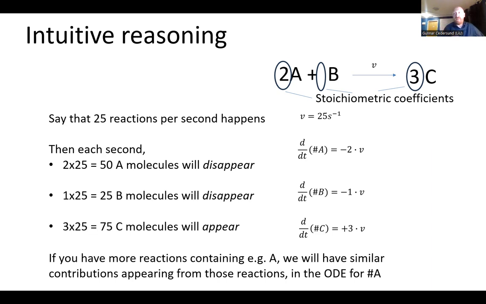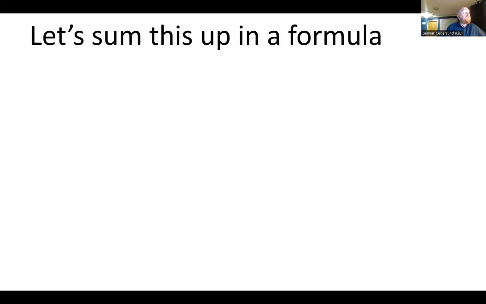That's basically the whole idea. It's quite an easy, intuitive understanding of how this works. So let's write it up a little bit more formally. We have a reaction j, which has some product that has a stoichiometric coefficient nij for the product Si.